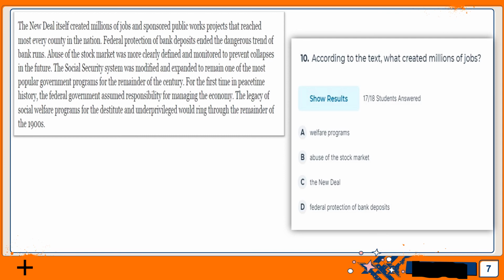It didn't say the old deal. It said the New Deal. It didn't say the New Green Deal, but maybe it should though. It says the New Deal. So the answer is C.